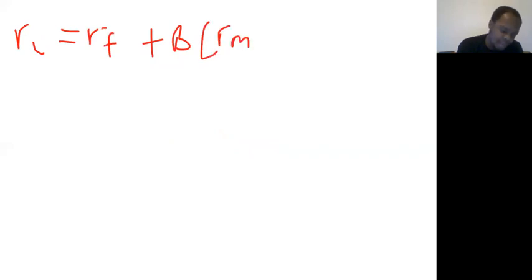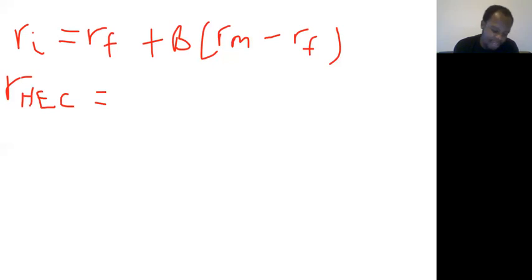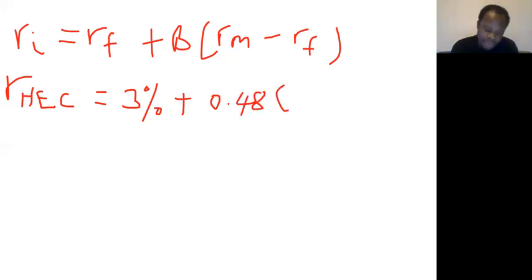So if I'm looking for the return on HEC, then that is equal to RF, which was given as 3%, plus the beta we got at 0.48 multiplied by RM, given as 8% in the question, minus the RF of 3%. So that gives you 5.4%.